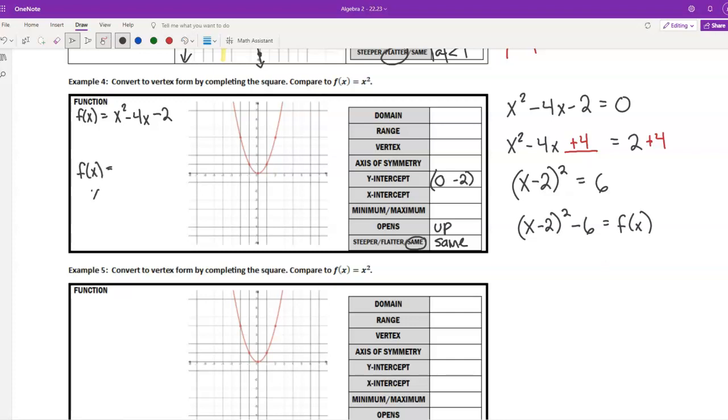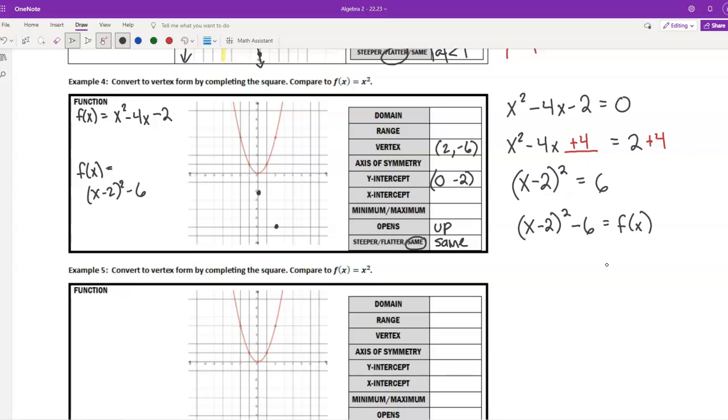So now that I have it in vertex form, I can identify the parts and see how it moves on the graph. Here is my vertex. We can get our vertex from there: 2, negative 6. We move to 2 and then go down 6. We can also graph our y-intercept, 0, negative 2.